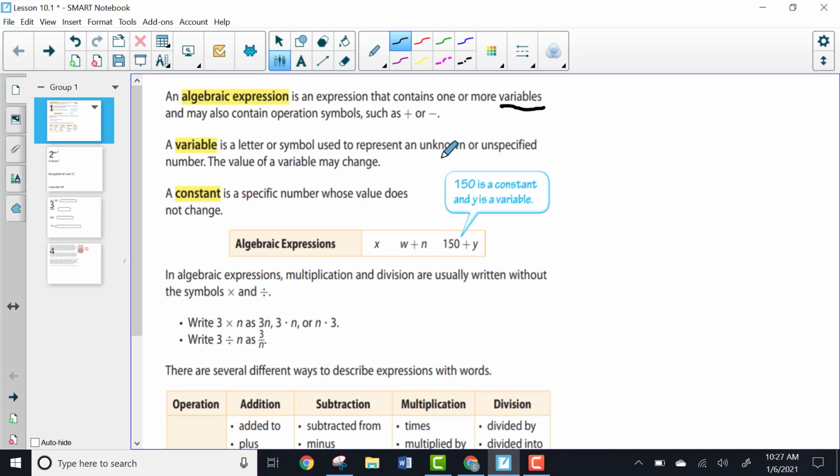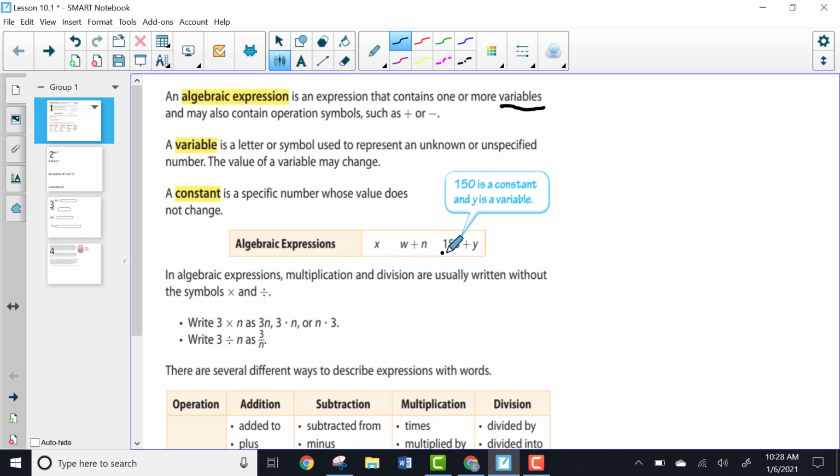So we have a variable, and also there's something called a constant. A constant is a specific number whose value does not change. A variable's value may change; a constant does not change. Think of it as constantly the same number or the same value.